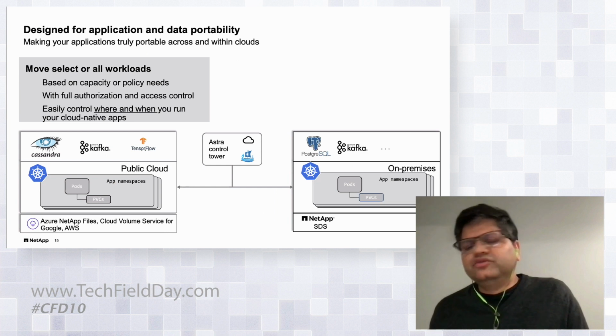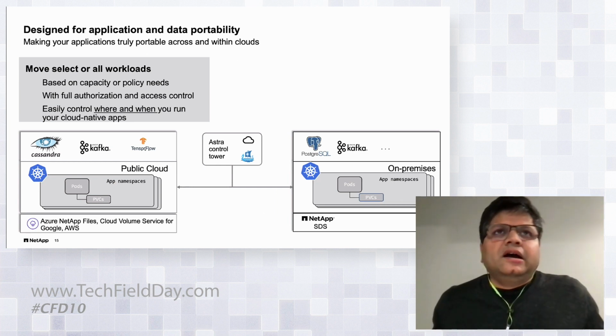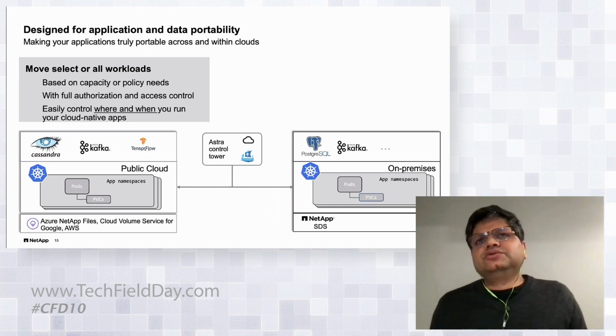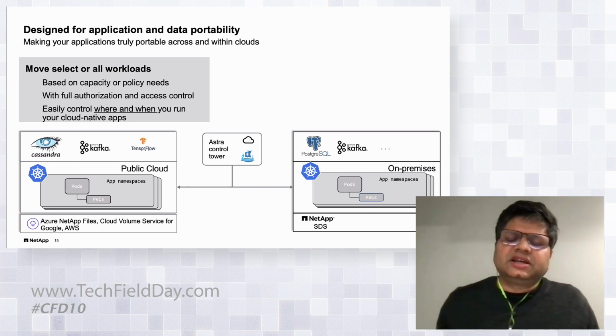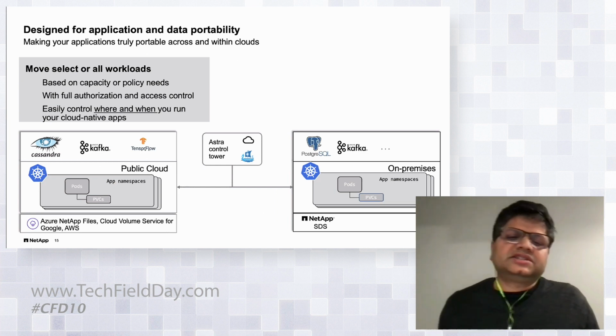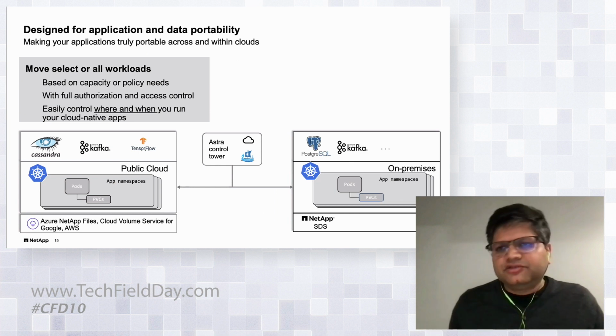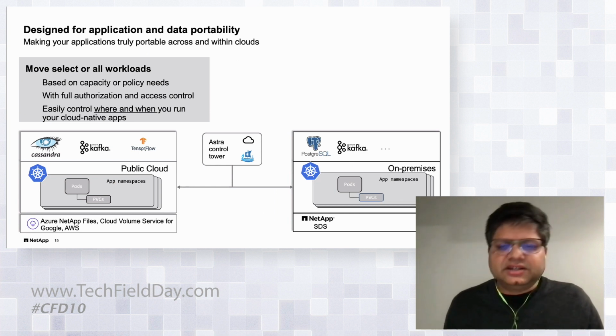Customers often move their app and data from one region to another region in the cloud because of data residency requirements. For hybrid use cases, we see customers who want to move their applications from on-prem to the cloud because they have a lot of data on-prem, but they don't have compute to process the data. So they move it to the cloud because in cloud, you can have on-demand compute capacity to crunch that data.